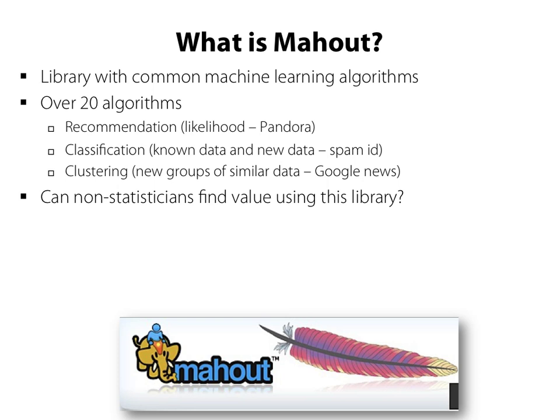The algorithms are in the three general ML classifications of recommendation algorithms, classification, and clustering. So if you are not familiar with machine learning, this is not really for the faint of heart. I've been very curious about whether somebody who did not have the opportunity to learn statistics in college could find use out of this library, because it really is very, very powerful.